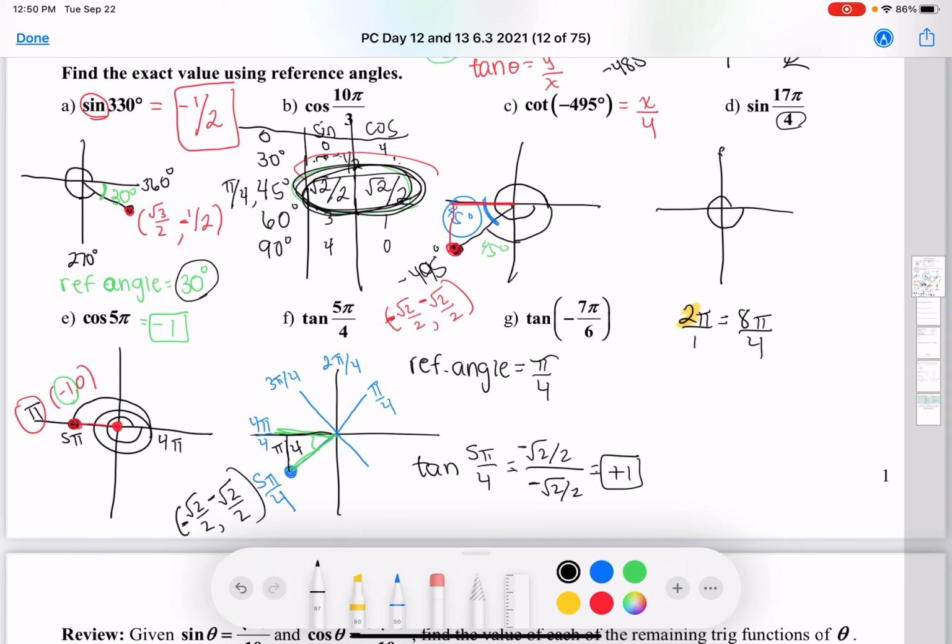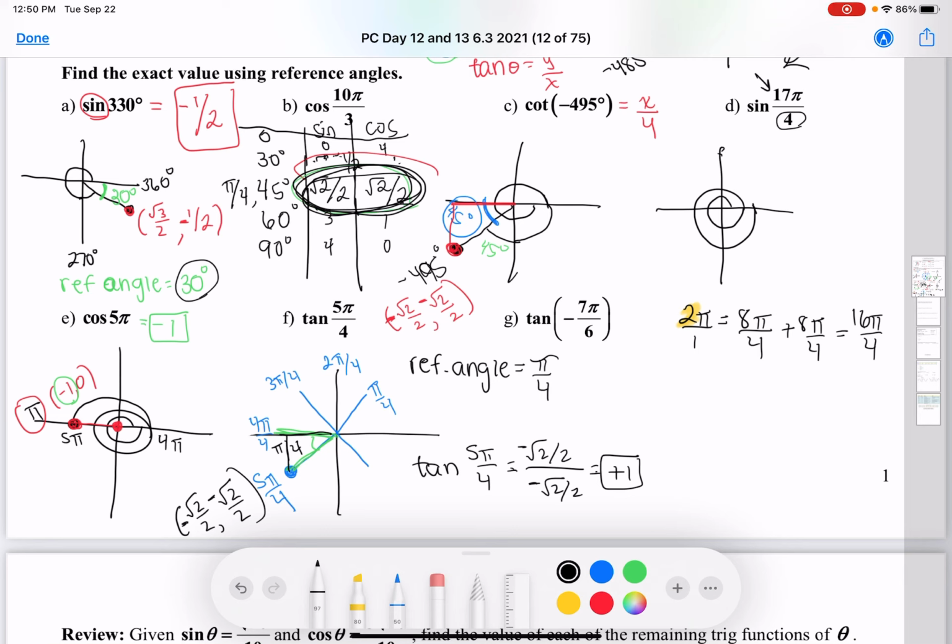So that means when I went a full rotation around the circle, I just went 8 pi over 4. If I go a second rotation around the circle, well, I'd have to add another 8 pi over 4, and that would give me 16 pi over 4. And so that means to get to 17 pi over 4, I just have to go one additional pi over 4.